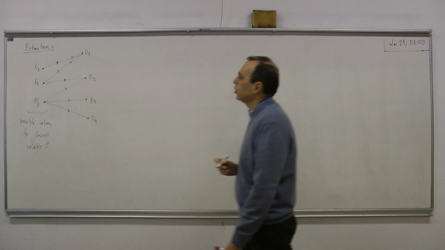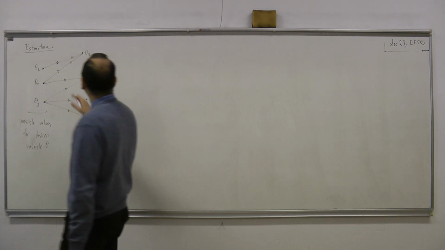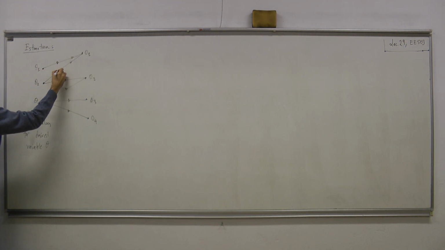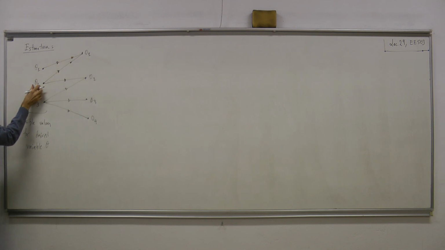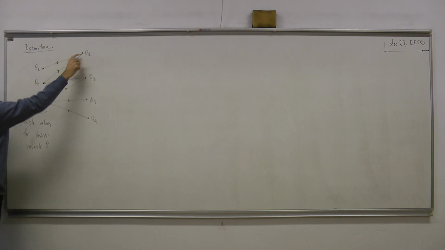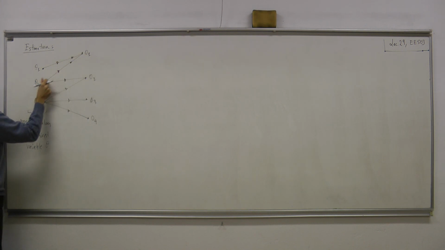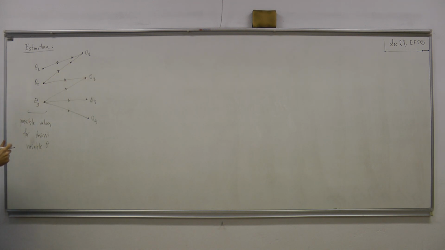Well, most mathematical objects almost always have such mappings. But what is different this time is that, for example, theta 2 is mapped to possibly two observations: either O1, observation number 1, or observation number 2.